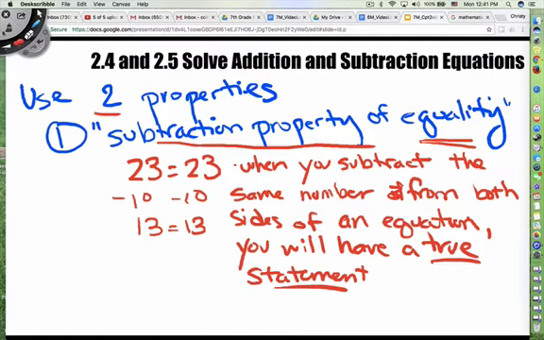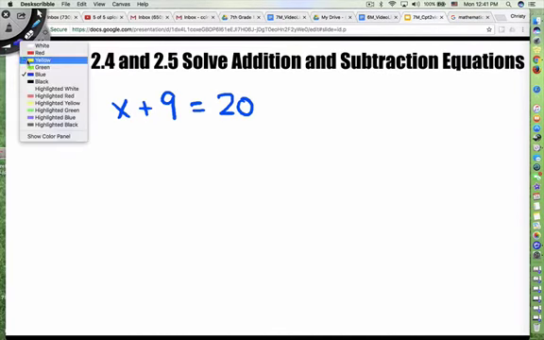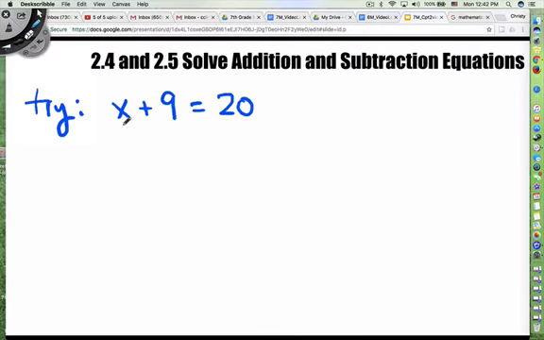Okay. So how does this apply to our algebraic lives? So let's look at x plus 9 is equal to 20. The way that we will solve this is we will show all of our work as usual. You want to isolate the variable, always.